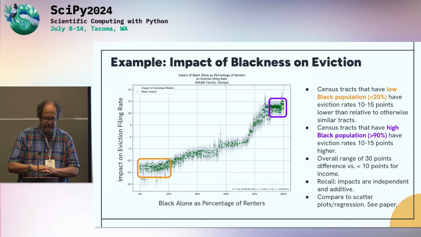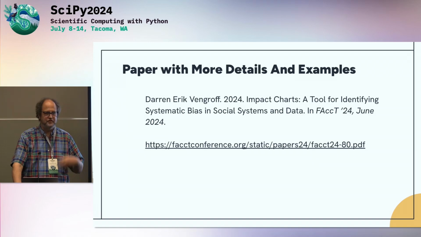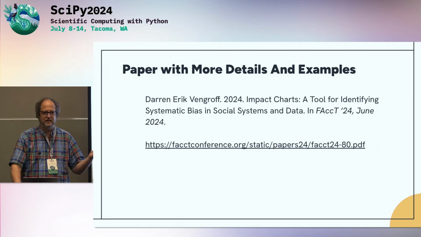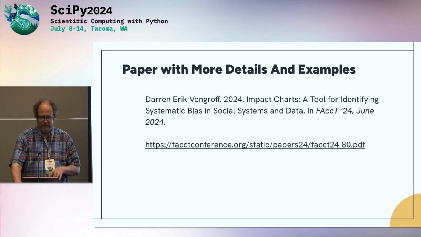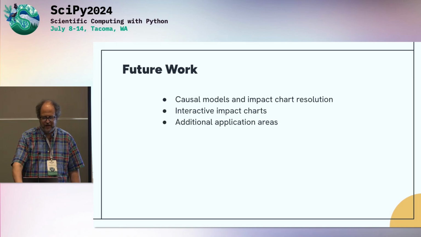But we've never been able to see with regression analysis the kind of richness that we see in the graphs that I just showed you. We've got a paper on this with a lot more details that was presented at the ACM FAccT conference last month. It's got the eviction data and several other examples, plus a lot more background on the math. Please feel free to look that up.